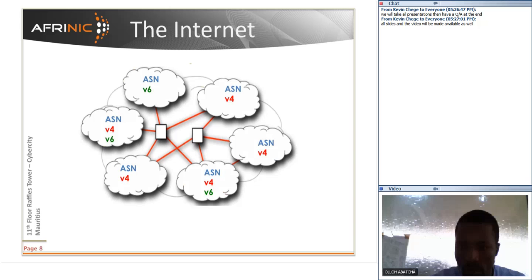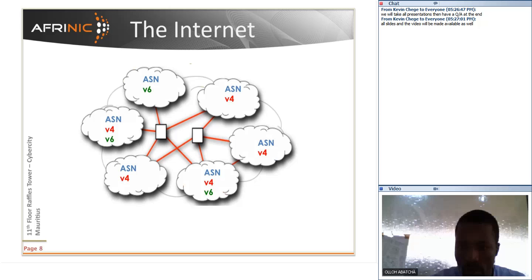So the case that we have now is the majority of the networks have IPv4 space that we use to communicate since the beginning of the internet up till now. Some of them have now both IPv4 and IPv6 on their networks. You can see some of the clouds that have both of them.